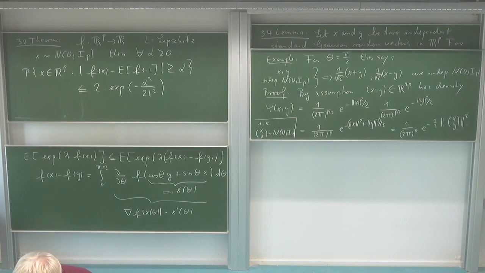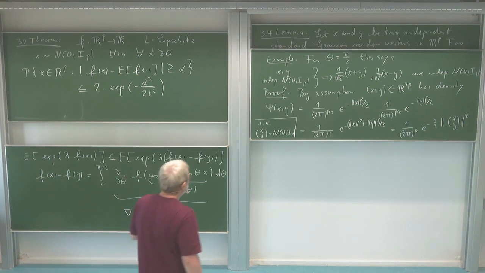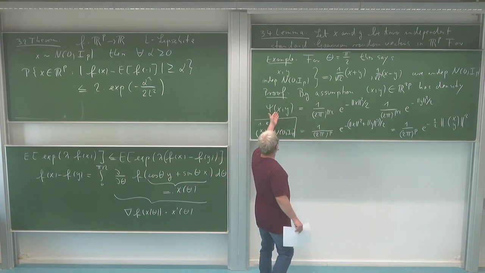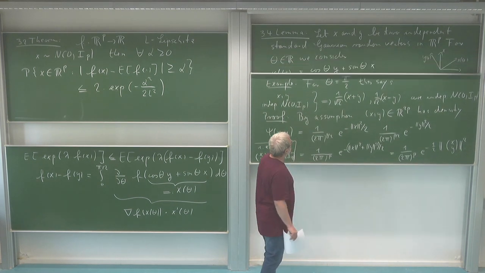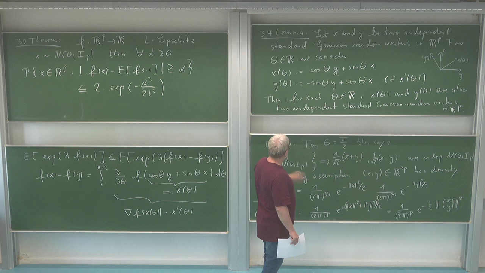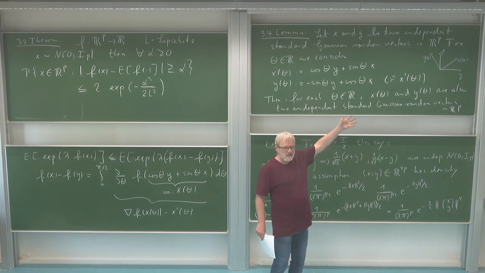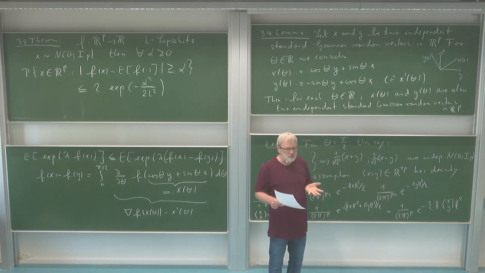But now, if I really view my pair of the vectors as a vector in R to the 2p, then this replacement, going over from x, y to x theta, y theta, is really a kind of rotation in this space.